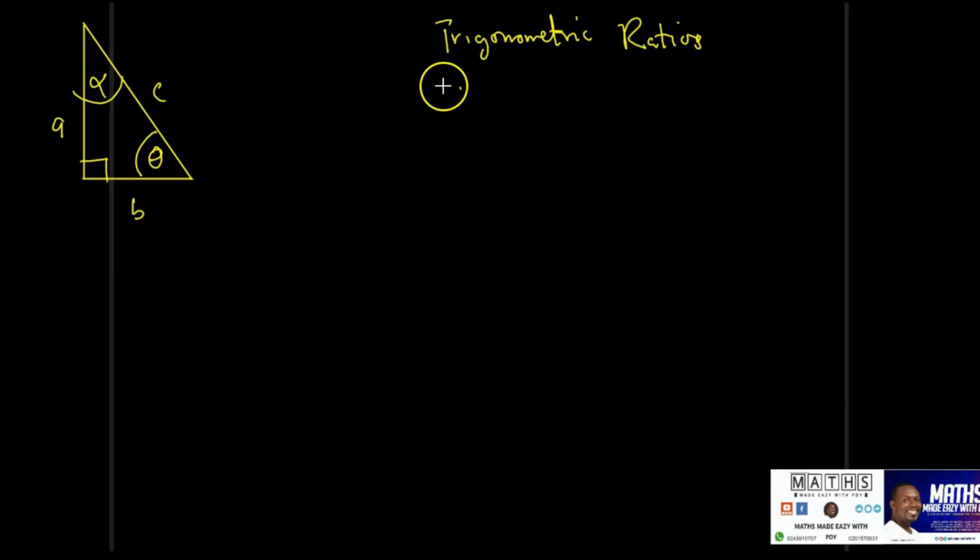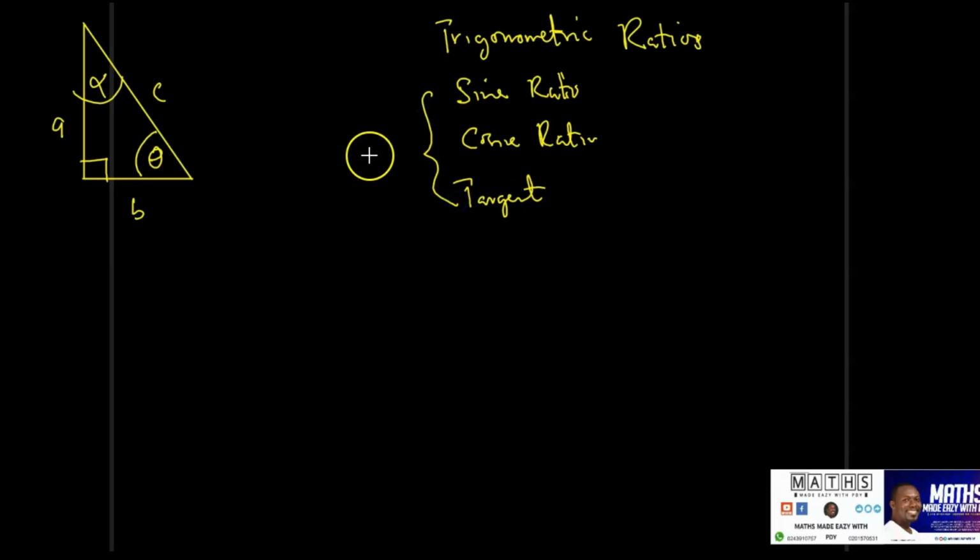So the trig ratios are basically the sine ratio, the cosine ratio, the tangent ratio. So these are the basic ones.